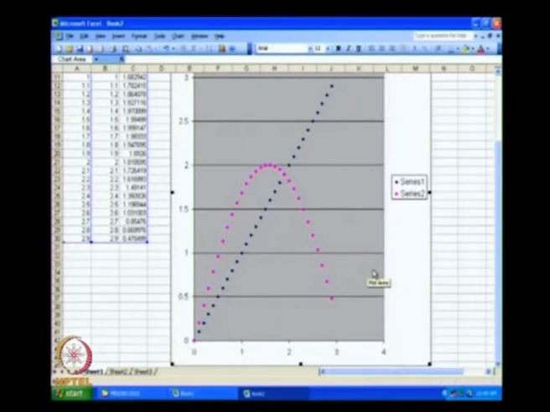This is what he said. So it is possible to solve graphically.